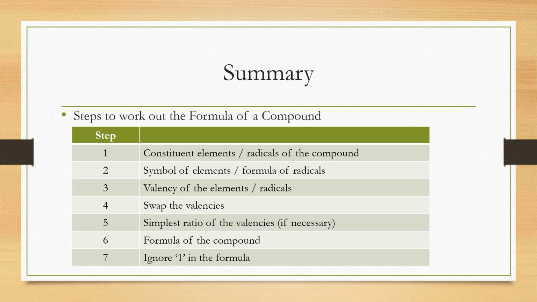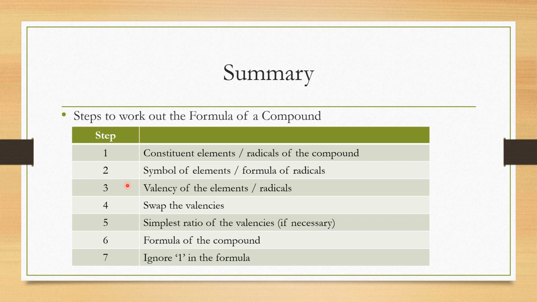Let's summarize the steps to work out the formula of a compound. First, you identify the constituent elements or radicals of the compound. Then you write down the symbol of the elements or the formula of the radicals present.